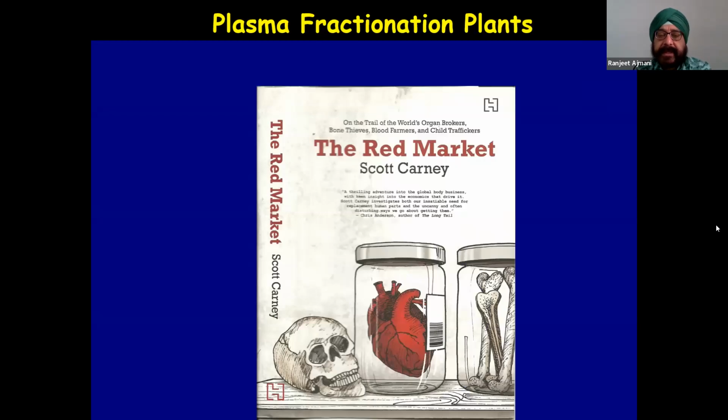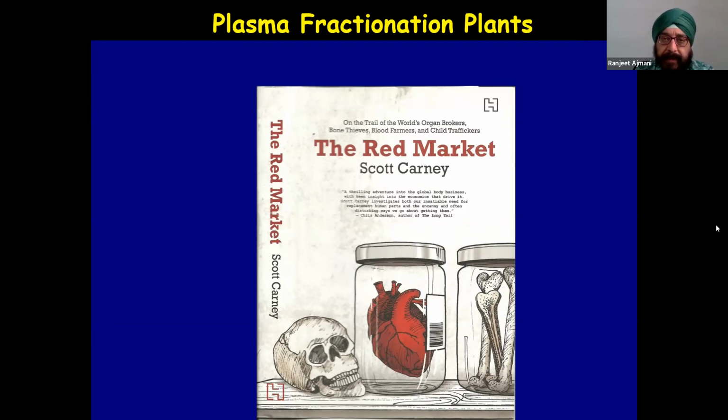And again, this is a book, The Red Market, following my previous slide. This is a book written by Scott, a very heart-wrenching saga written by a young professor from the USA. He comes to India, and unfortunately one of his students dies in Varanasi, and he has to send his mortal remains to his hometown in the US. That is where he travels the journey in Southeast Asia, seeing what happens in medical science.